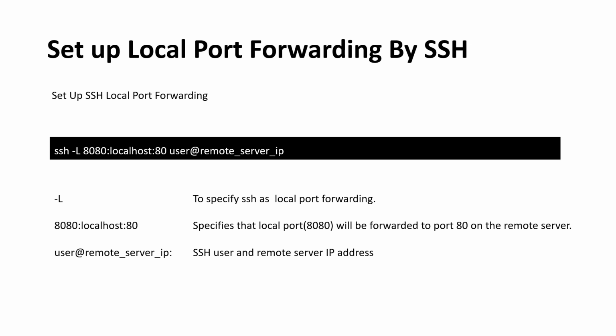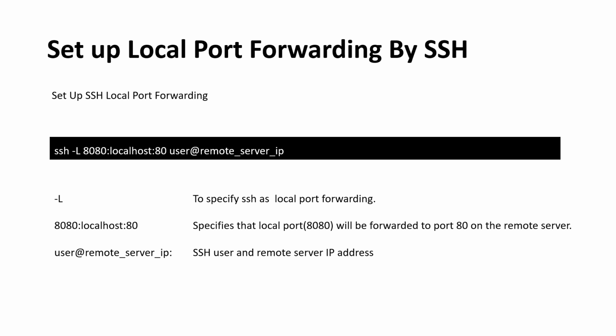For example, in this case, we can use SSH if the victim machine is running the SSH service. Of course, if the victim machine doesn't run the SSH service, I think we cannot utilize this method to make local port forwarding.